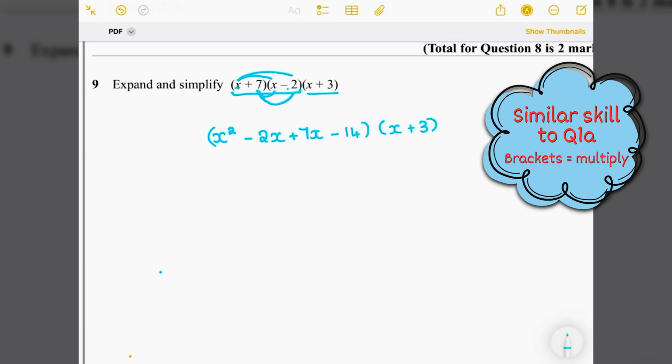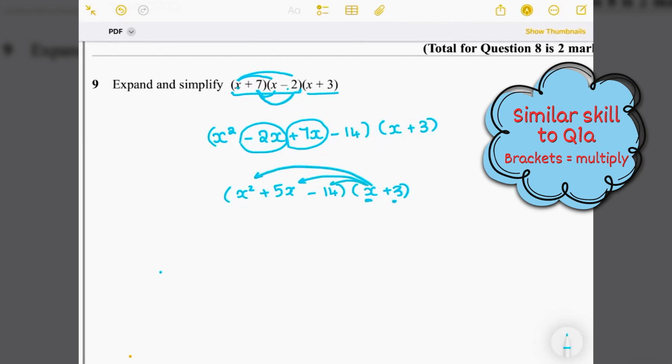Let's clean this up a bit. -2x plus 7x is positive 5x. So you've got x minus 14 times x plus 3, and you multiply x squared times this and times that.